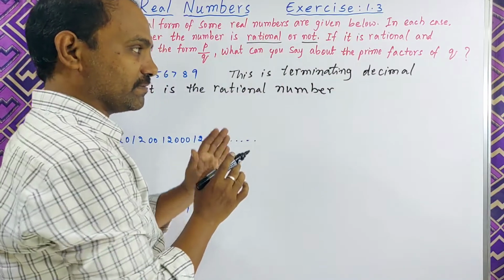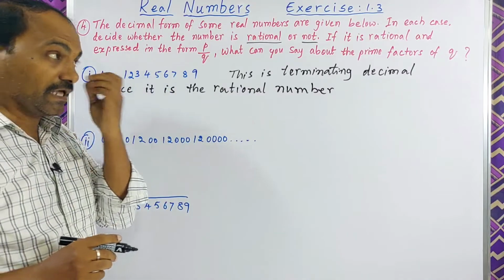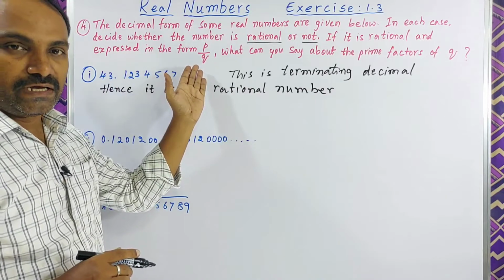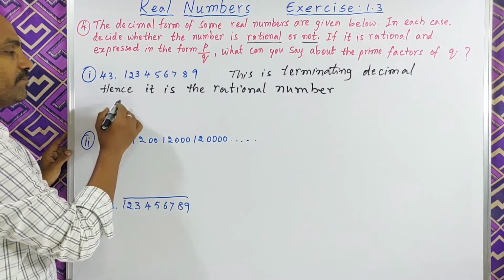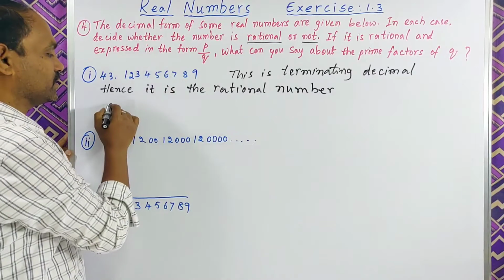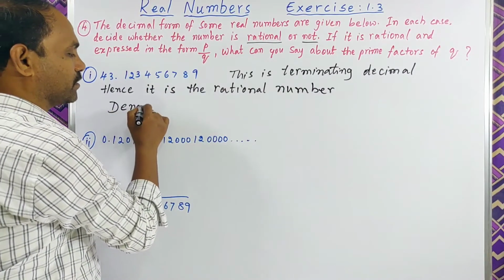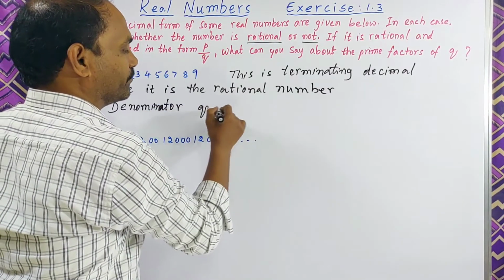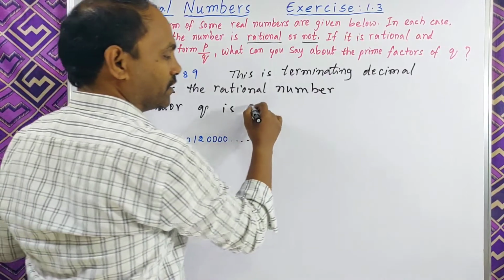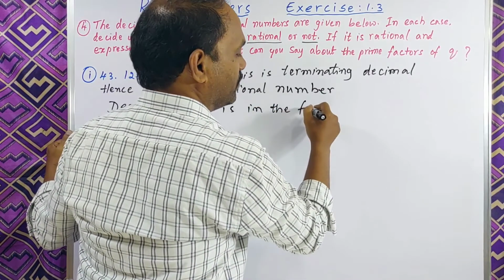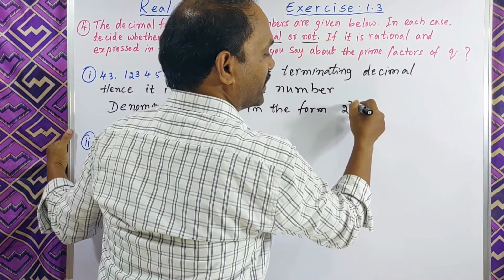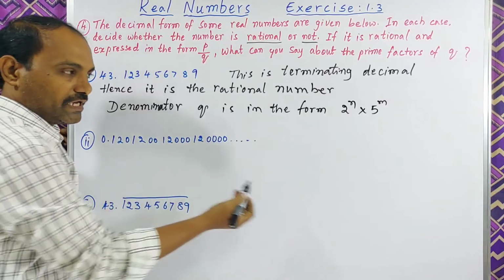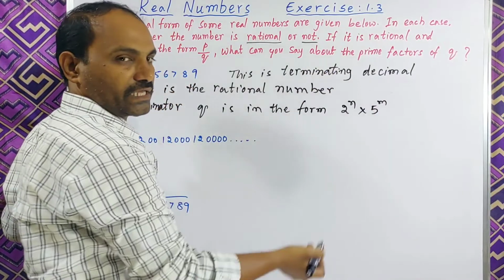When you write a terminating decimal, the denominator q is in the form 2 power n into 5 power m. If the denominator is in this form, then only it is terminating.